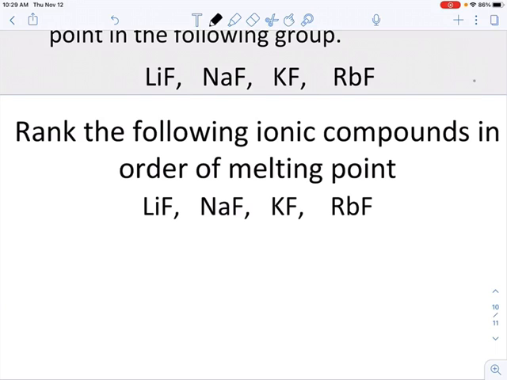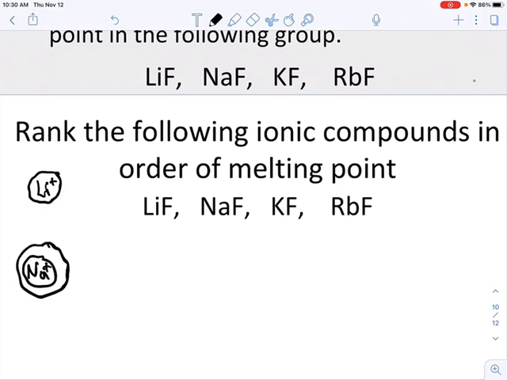Now, if I look at my periodic table, I should see that lithium, sodium, potassium, and rubidium are all in the same group. So they're all going to form +1 cations, but we learned that their radii are going to be different last unit. Lithium is tiny. Okay, it has 1 energy level. Sodium's a little bigger. It has 2 energy levels. Let's see, I'll draw potassium here.